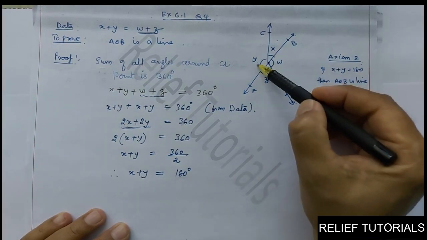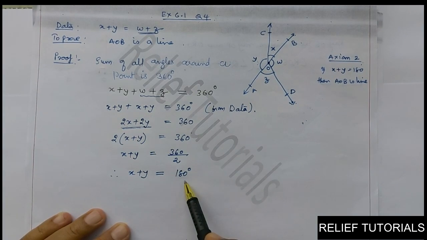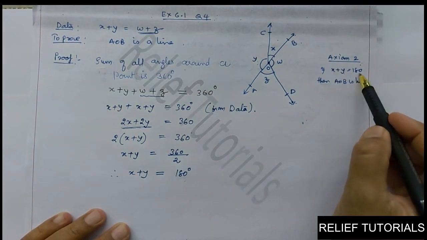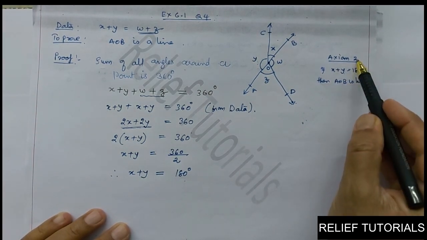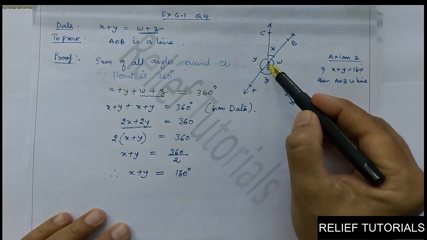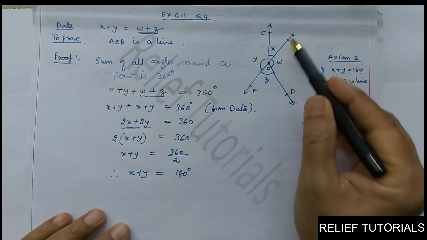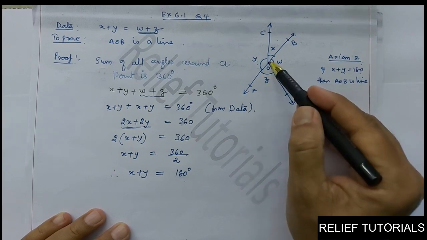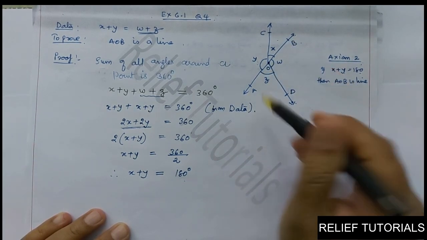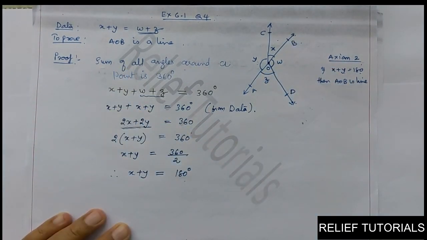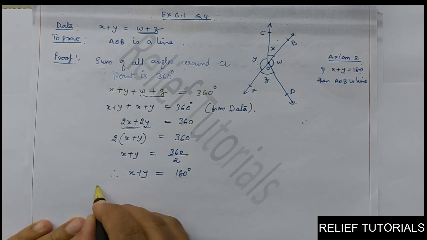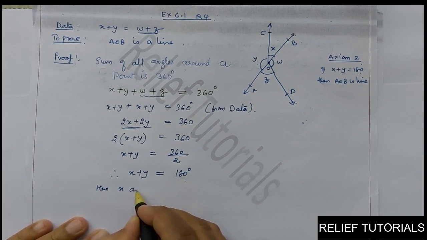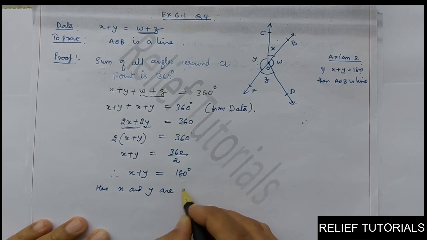Now these x and y are adjacent angles and their total is 180 degrees. So if the sum of two adjacent angles is 180 degrees, then according to axiom 2, you can say these two uncommon arms form a line. So we can say here AOB is a line, hence proved. So we can write here x and y are adjacent angles.